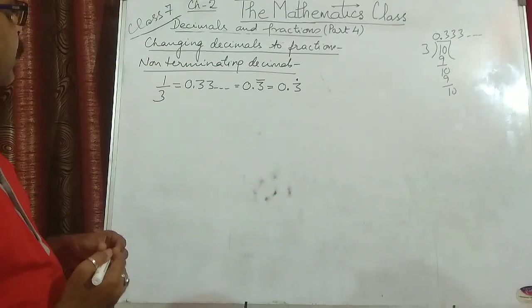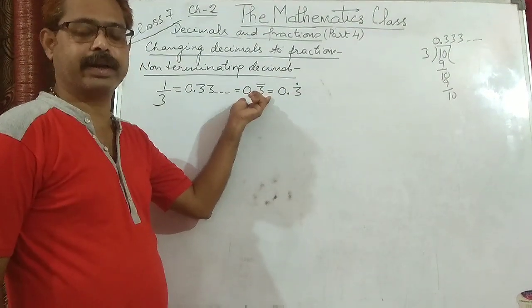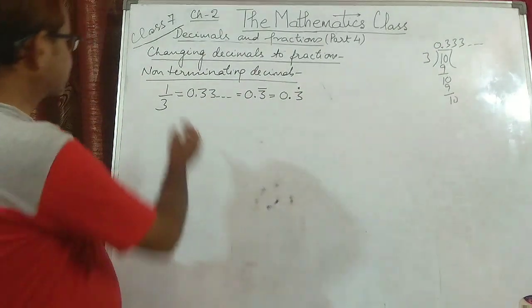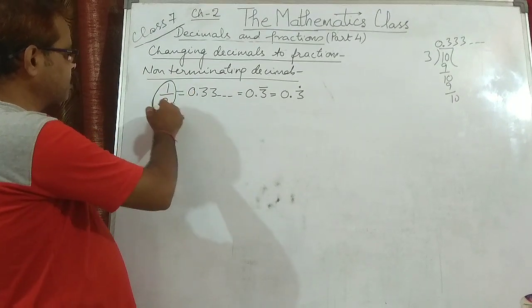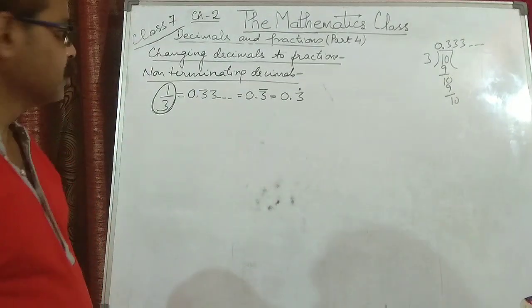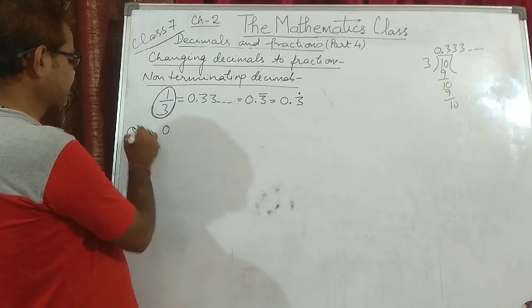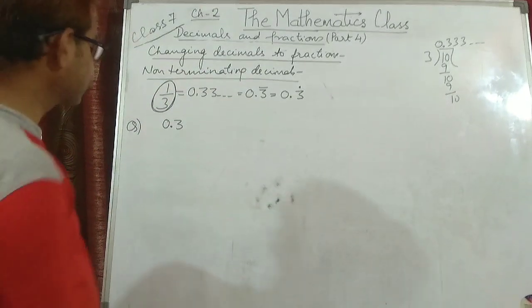Now my question is, we have to convert this non-terminating decimal in the form of a fraction, and we will see whether our final value is equal to 1 upon 3 or not. So let us take the question as 0.3.